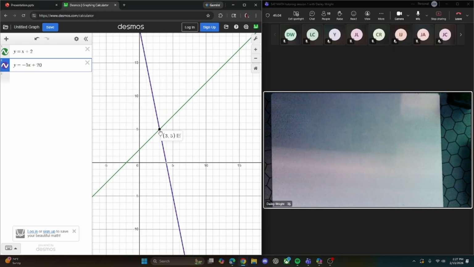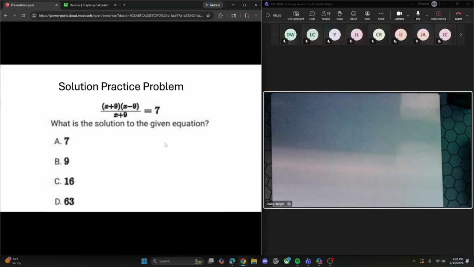So the solution here would be 3, 5. This is a big difference that you need to understand going into the SAT, because you might think there's two solutions, negative 2, 0, and 4, 0, but the actual solution to a system of equations is where they cross, which will be 3, 5.